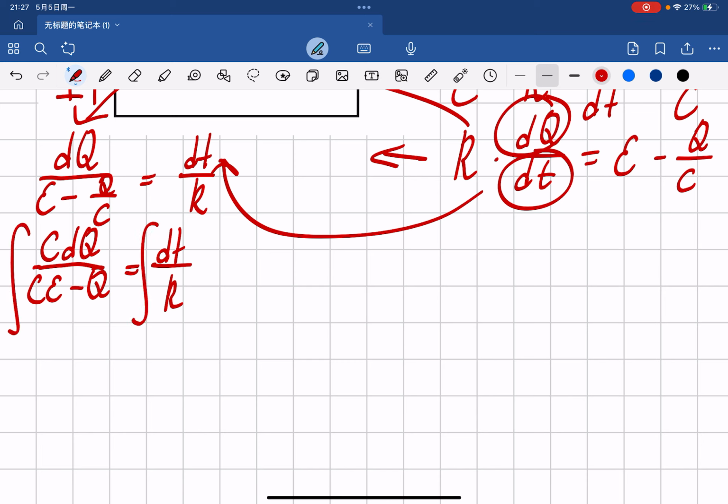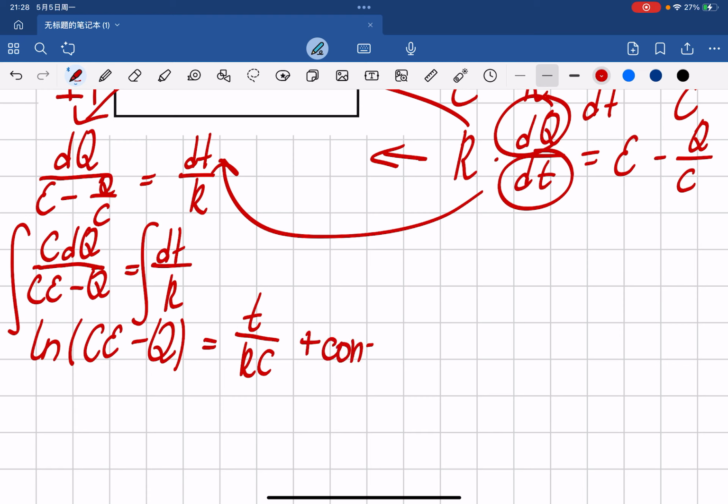The left side becomes ln of CE minus q, and it will be equal to the right side, t over RC plus a constant.